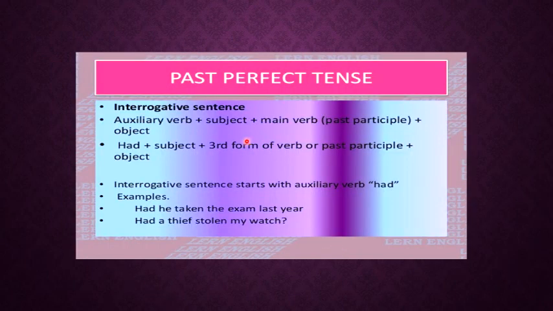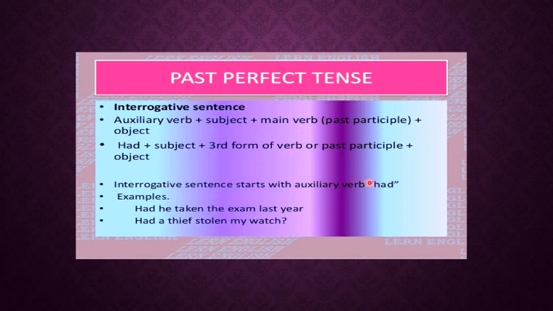Now comes the rule of interrogative sentence. If you see there is a word called auxiliary verb. What is this? Dear children, it is the same, the other name of your helping verb. Okay. The helping verb is also called auxiliary verb. Alright. So again your helping verb, then your subject, then your verb past participle form, and finally your object. Past participle means third form of the verb.